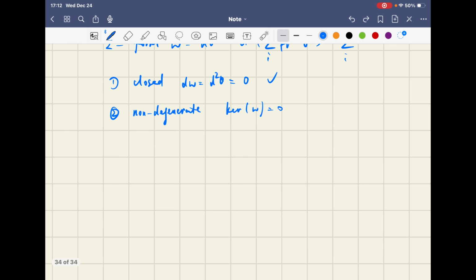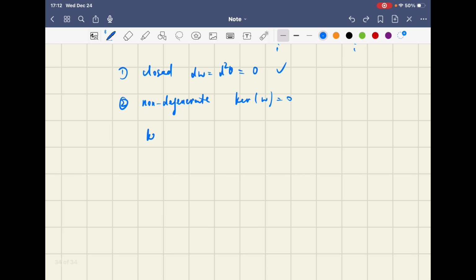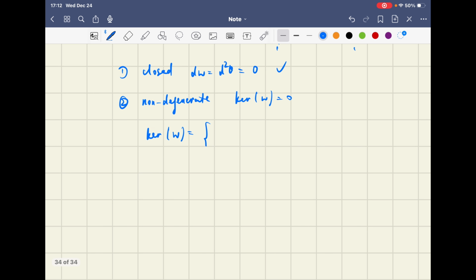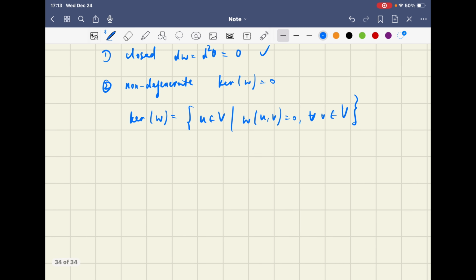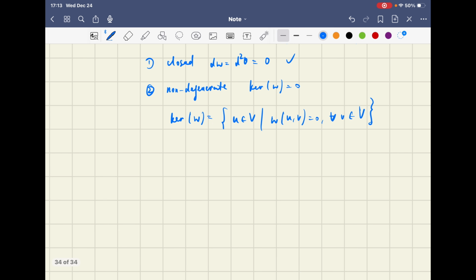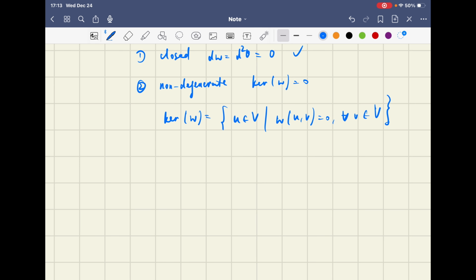Before we verify it, for those who don't know what the kernel is, the kernel of omega by definition is the set of all u belonging to space V such that omega uv is 0 for any v belonging to big V. So if we're asking the kernel of omega to be 0, then when omega is applied to u and any v in the space, if the expression evaluates to 0, the only solution is that u is 0.